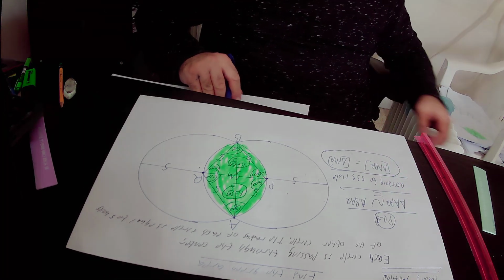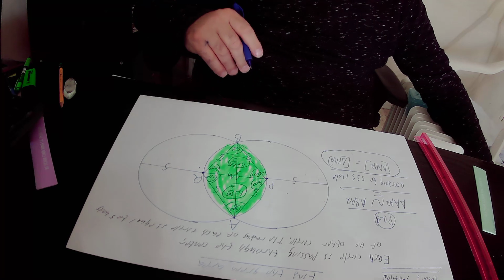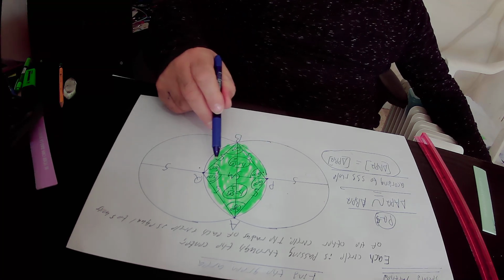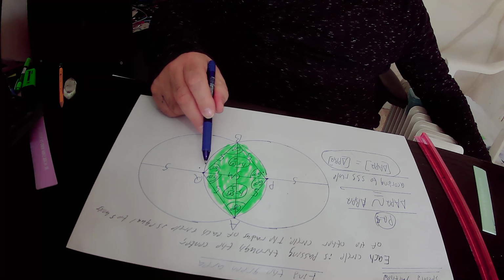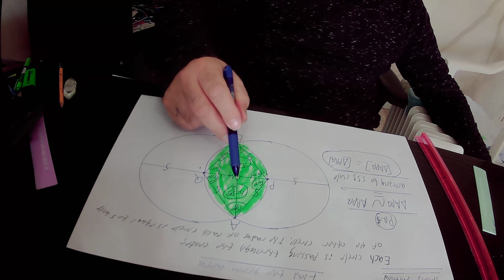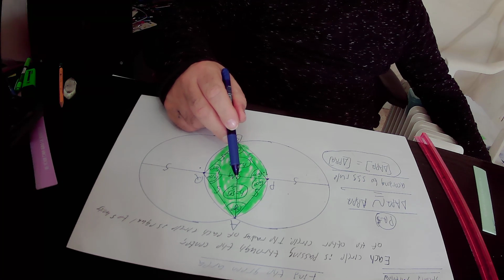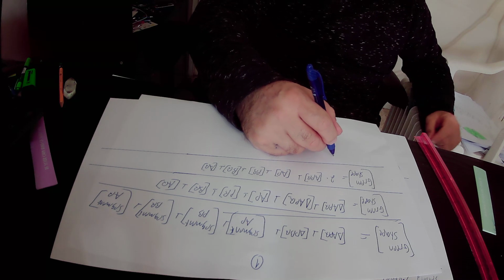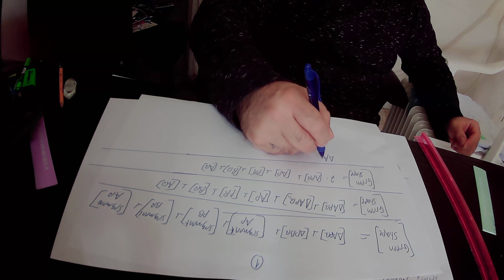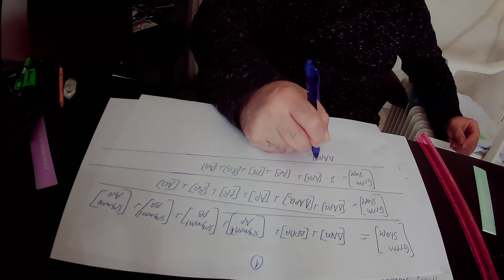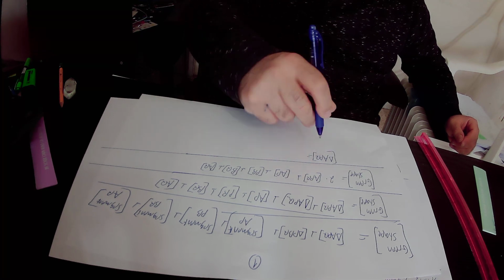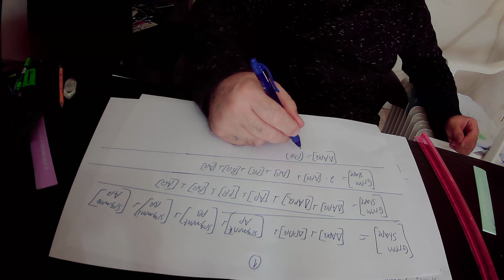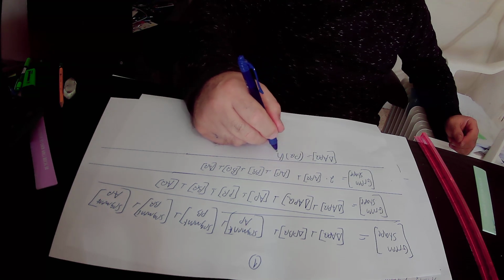So the area of triangle APQ will be equal to the base of the triangle, that is PQ, times the height, that is AM, but AM equals H, over 2. I repeat again, the area of triangle APQ will be equal to the base of the triangle, that is PQ, times the height, that is H, over 2.